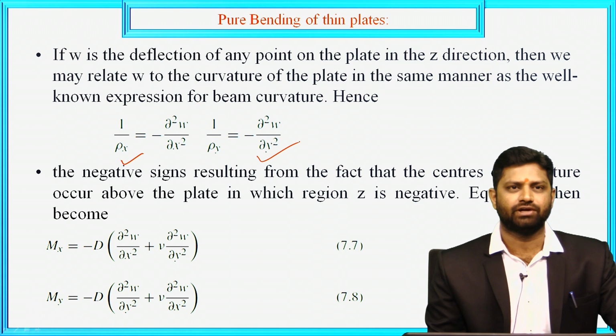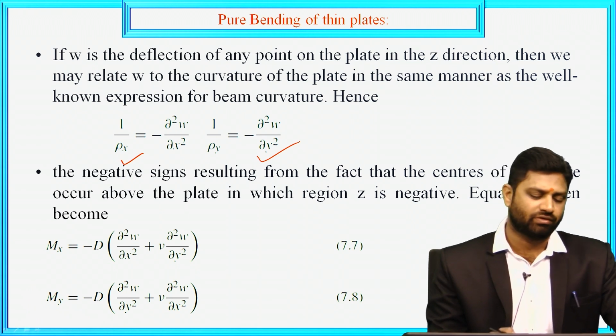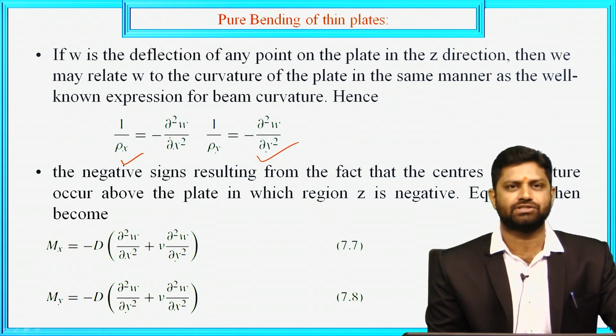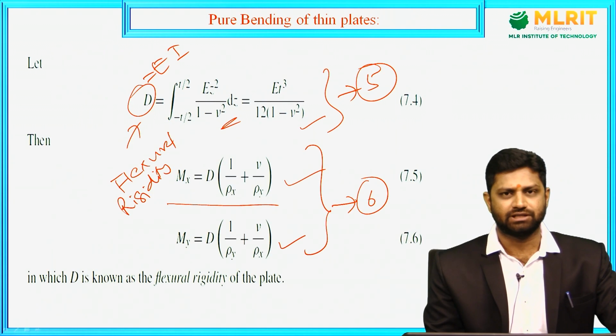So now here we are going to replace 1 by rho x and 1 by rho y with what we have in terms of the deflection, minus dou square W by dou x square and minus dou square W by dou y square, into the previous equation, that is equation number 6, and then we are going to rewrite this equation.